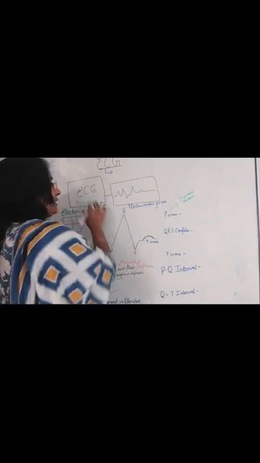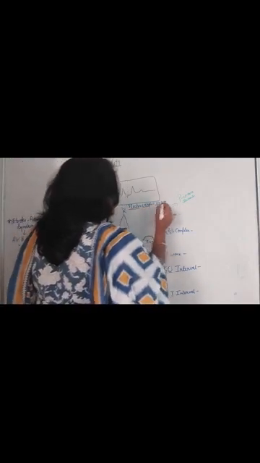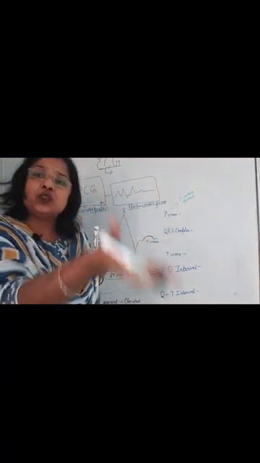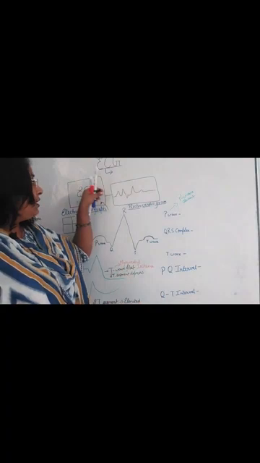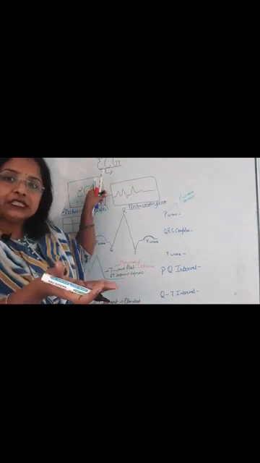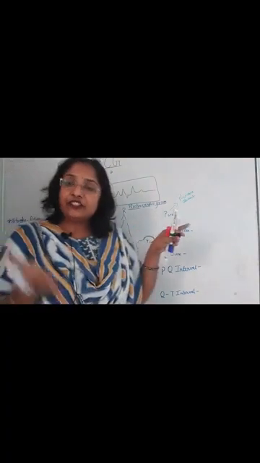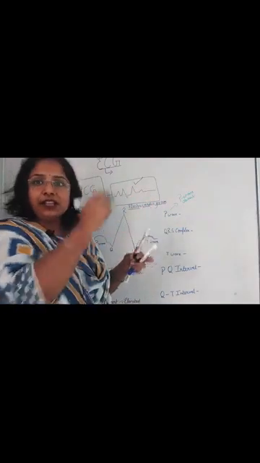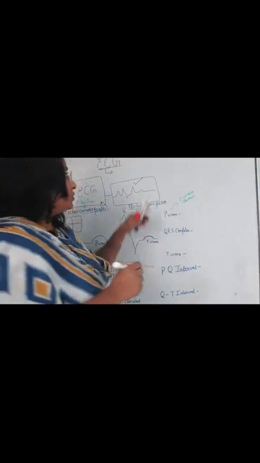Electrocardiograph is the machine which is used for ECG. Electrocardiogram is a graphical representation, the graph which is generated by the ECG machine. Means electrocardiograph generates the electrocardiogram, which we can see as a wave-like appearance. Okay, so what is the ECG?